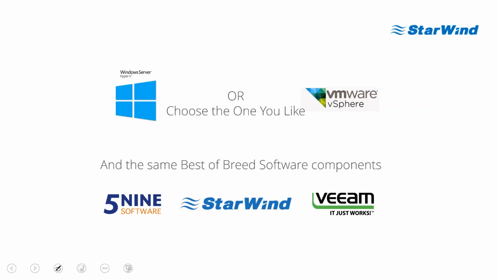Then it's the same variety of choices. You can choose the hypervisor you like. It can be a different hypervisor as well. And you can do the same combination of best of breed components. Right now, we prove that these together form a really all-in-one layer for storage, security, management, and backing up your data.